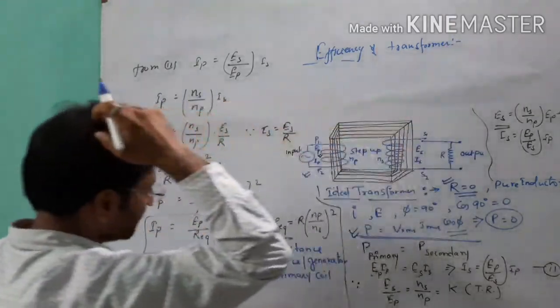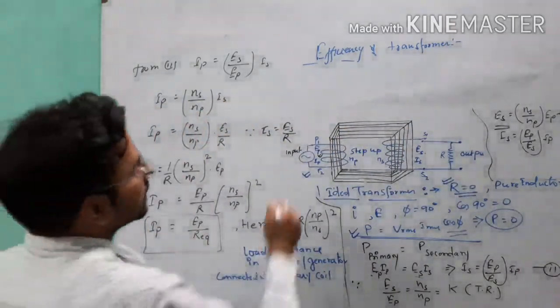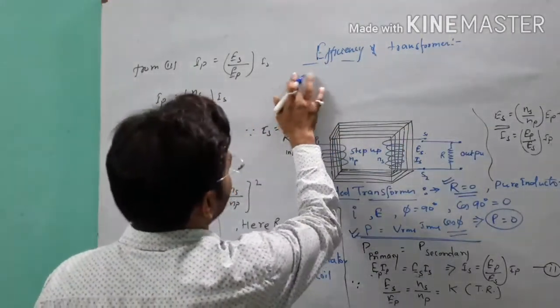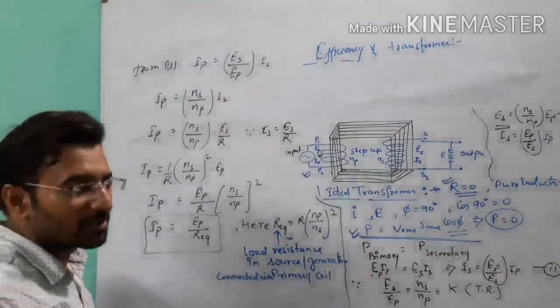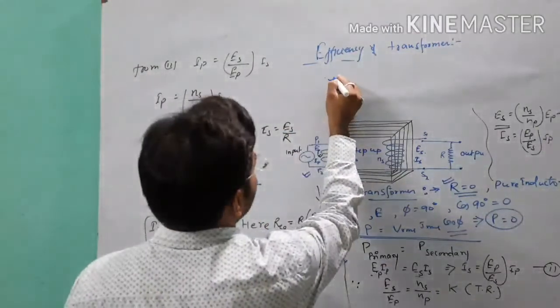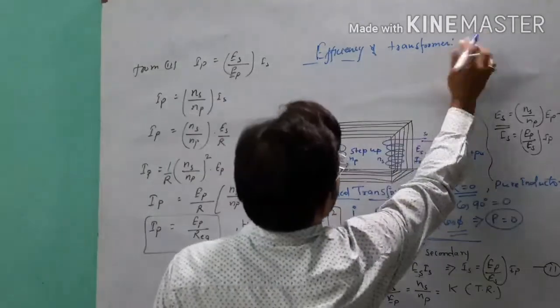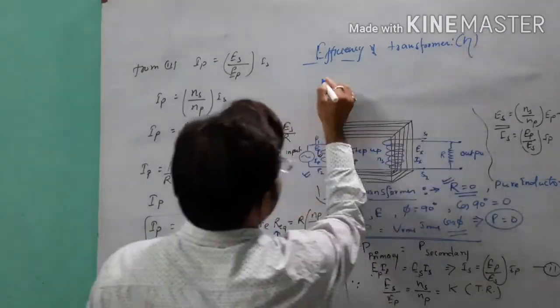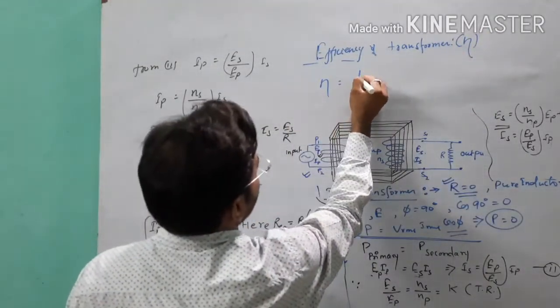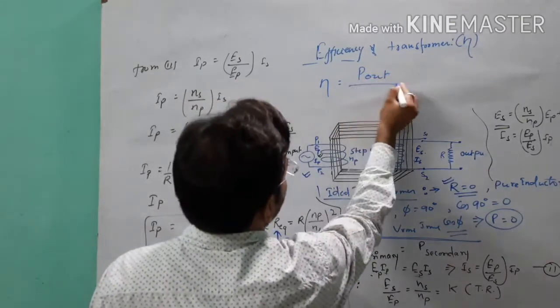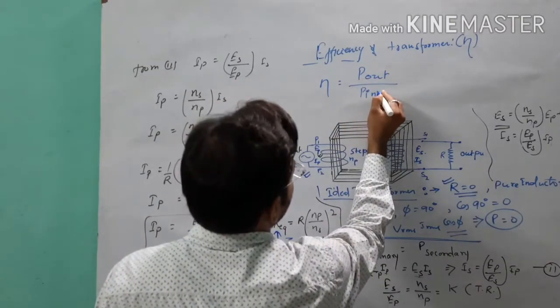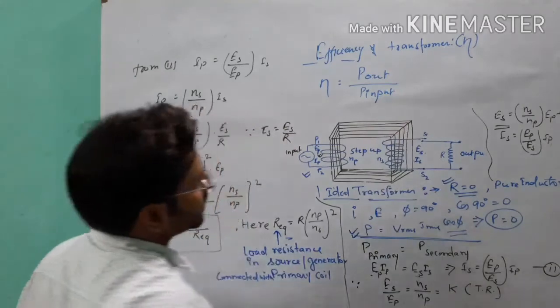So when we write here about the efficiency of transformer, it is what? The efficiency of transformer is the ratio, denoted by eta. It is the ratio of output power over input power to the transformer.